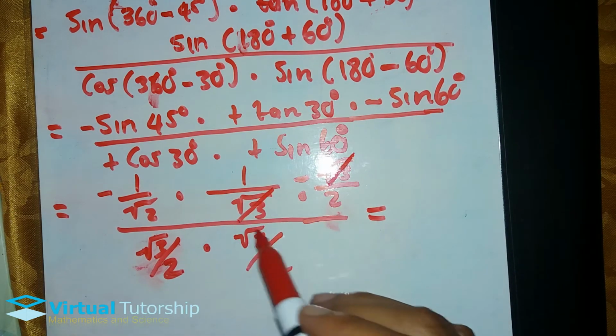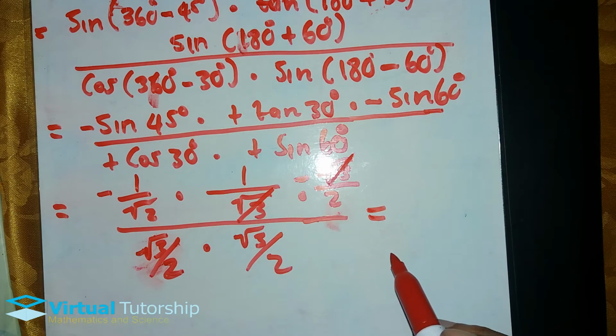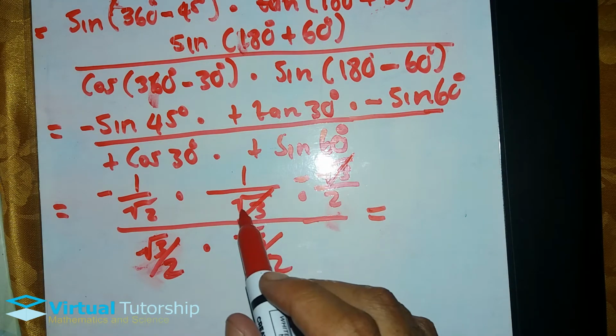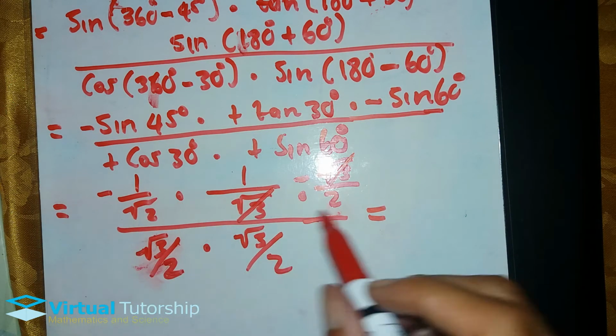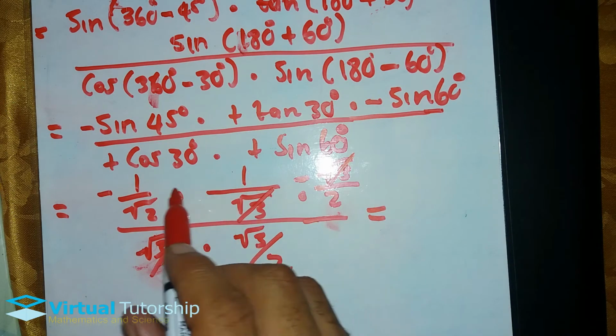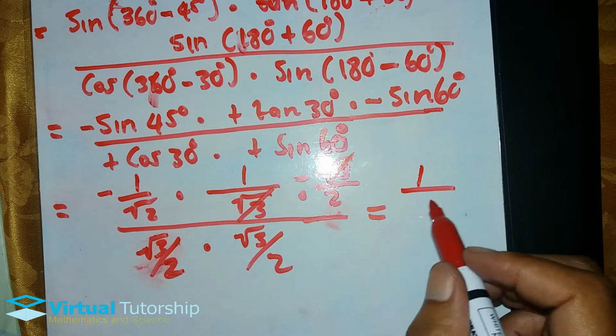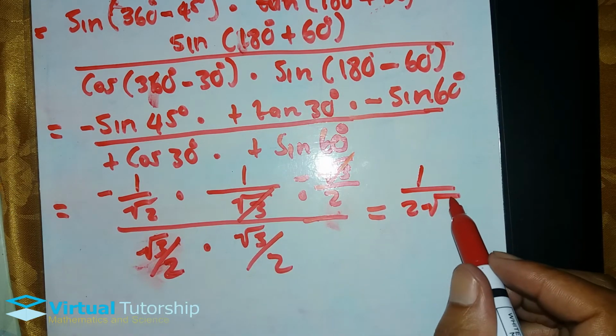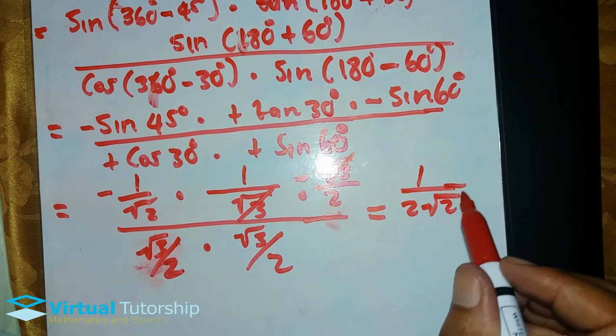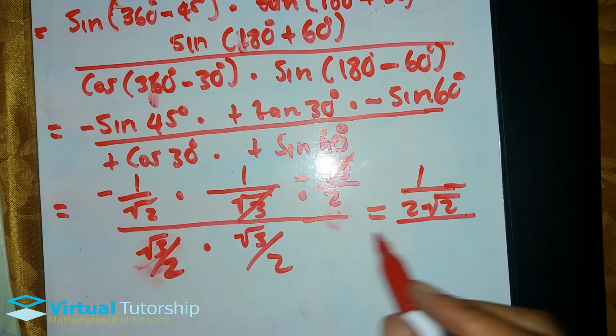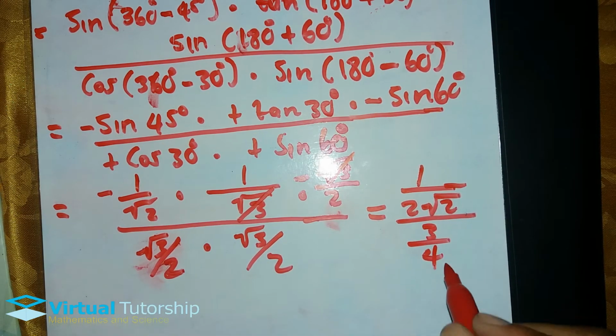This one is cancelana na this one, ne? This negative and this negative is only as a positive. So it's over 1 times 1 and 1. 2 times square root 2, it's 2 square root 2 over nang multiply lama fraction and 3 over 4.